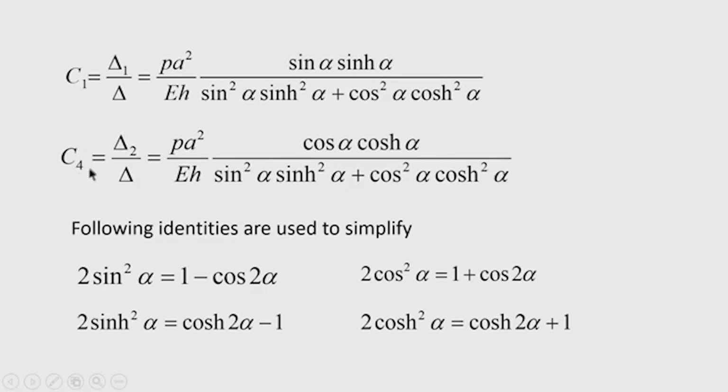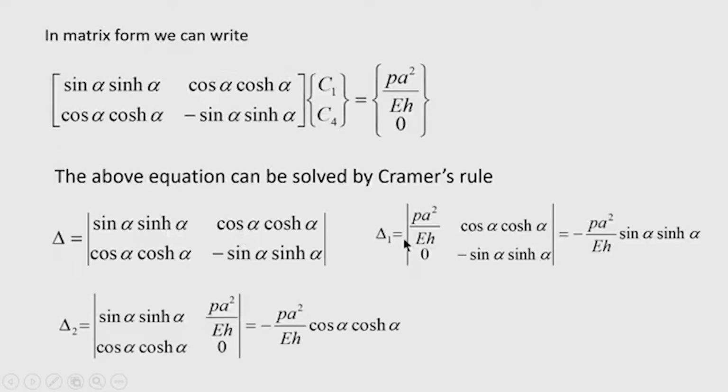Similarly, we get C 4 as delta 2 by delta equal to p a square divided by E h into cos alpha cos h alpha divided by sin square alpha sin h square alpha plus cos square alpha cos h square alpha. Okay. So, the numerator term that you are seeing is directly coming from this expansion of determinant with delta 1 and delta 2, whereas the denominator will contain the expanded form of the determinant delta.